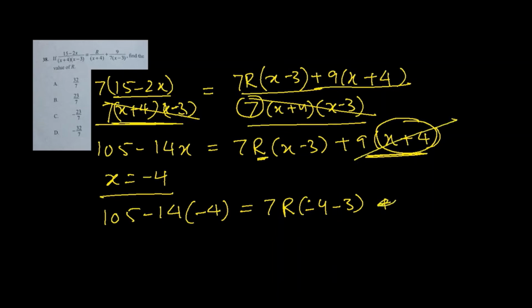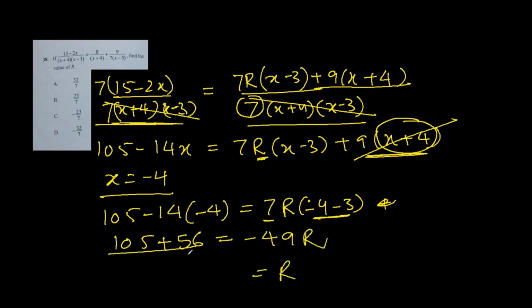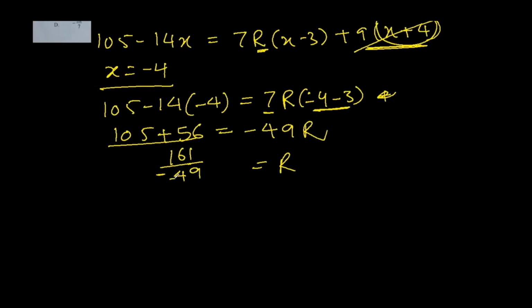So we are left with 105 plus 56 equals minus 7 times 7, which is minus 49r. So r becomes the sum, 161, over minus 49. Let's simplify this number. Does 7 divide both? 7 times 23 is 161, and 7 times 7 is 49. So the answer is minus 23 over 7.